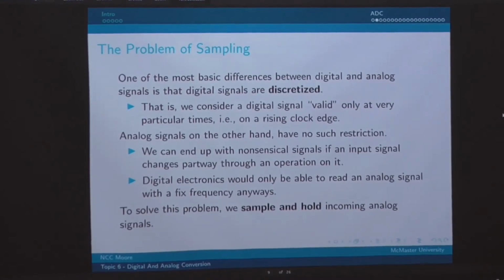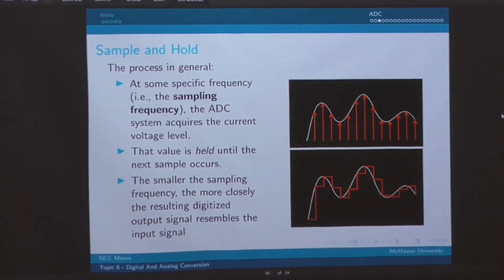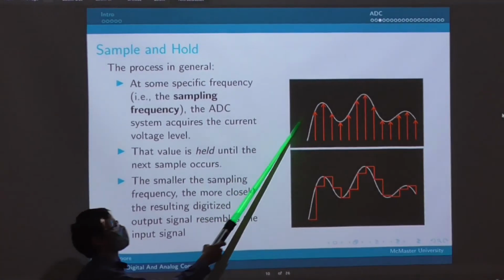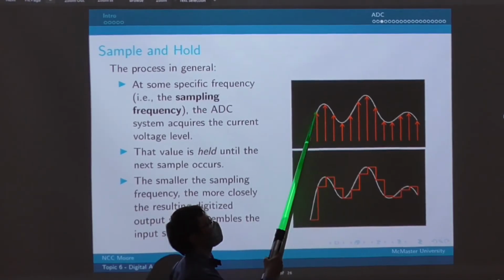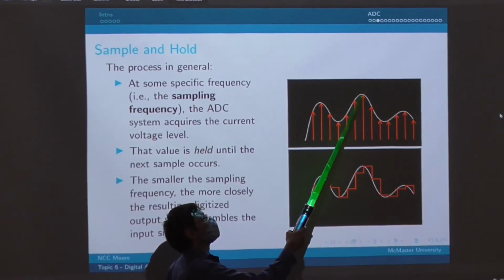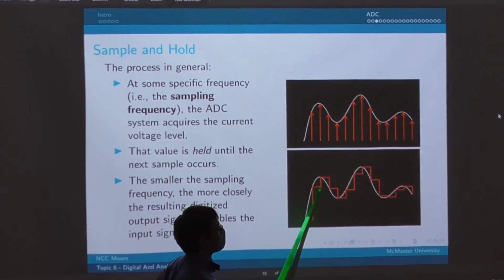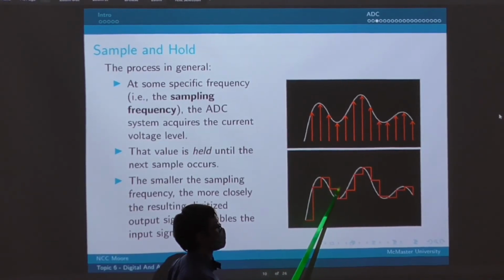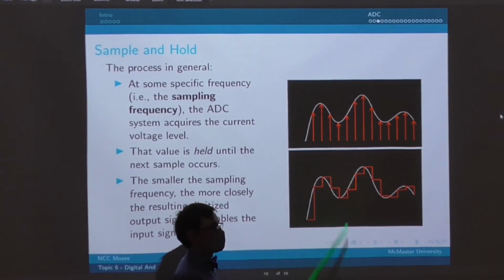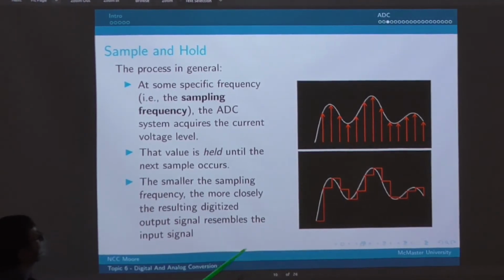So this is what it looks like, right? If we have an analog signal which is coming in, we take the value of this at certain points. That's the sampling. And we hold that until the next sample comes in. That's the holding, right? Sample and hold.